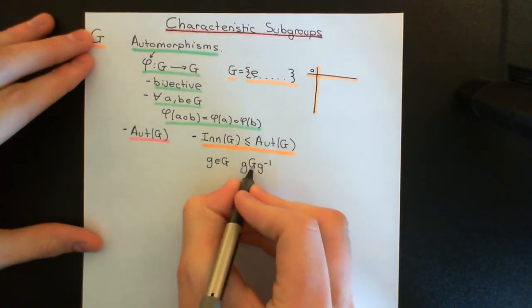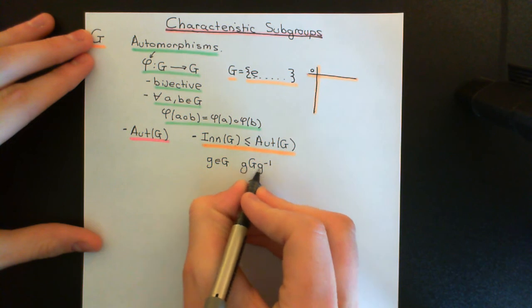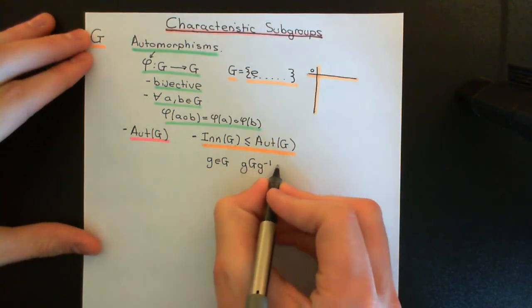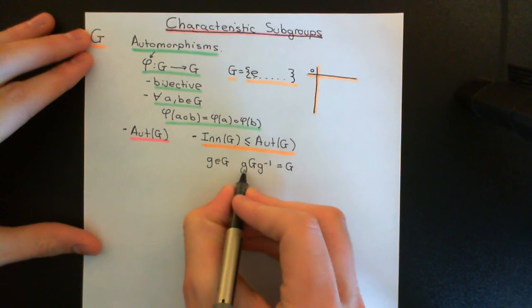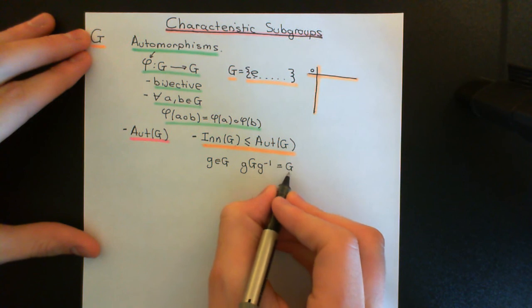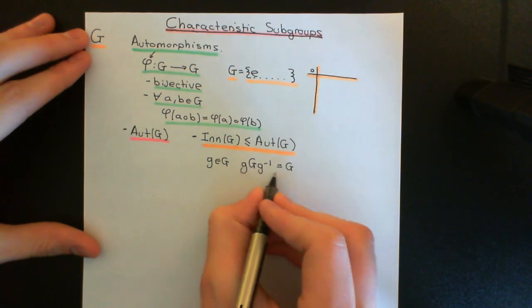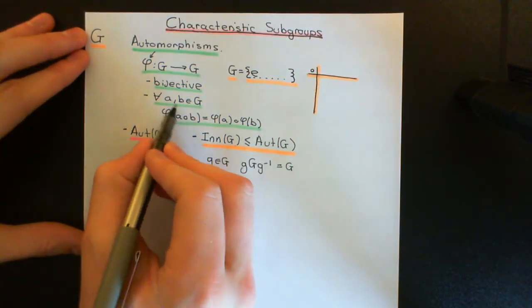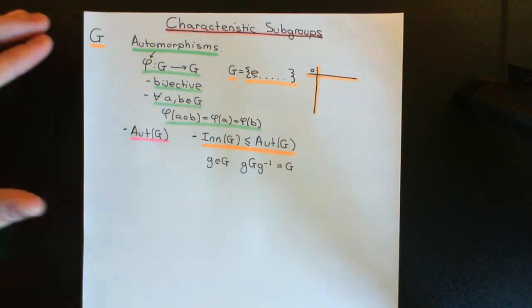And what that means is you go through every single element of the group and you conjugate it by little g. This will map the entire group onto G. This is a bijective mapping of the elements of G onto other elements of G, and this actually is a group automorphism. It does obey this compatibility property here.